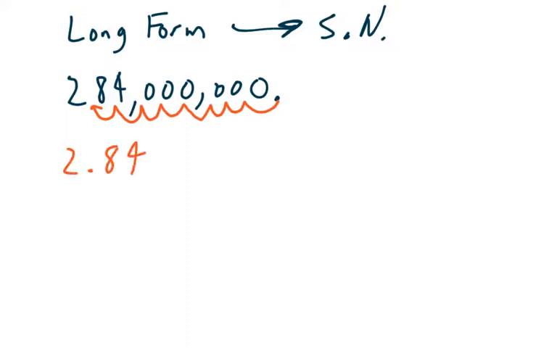Okay, I moved it 8 spaces, and it's going to be to the 8. So I'm going to write a little rule for you, and I'm going to be abbreviating.